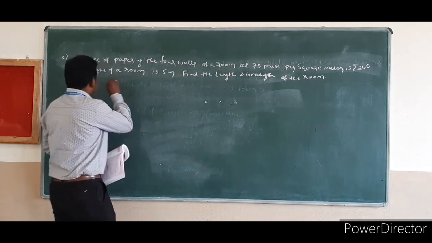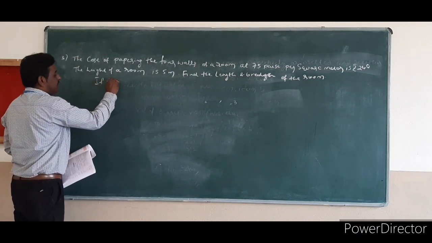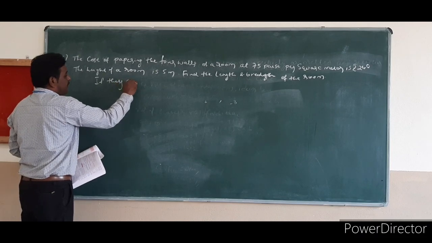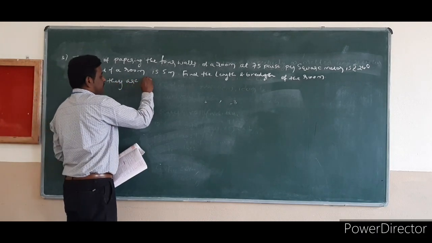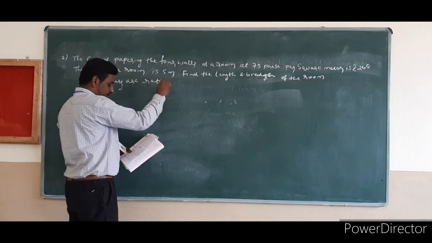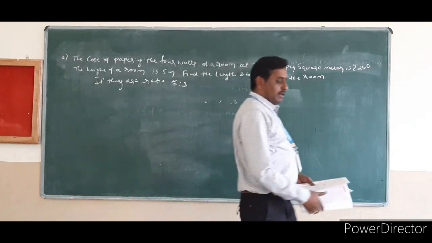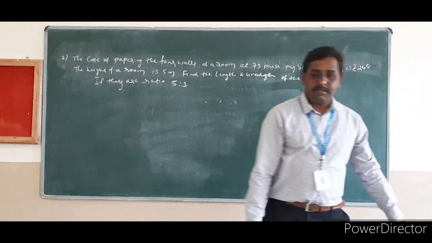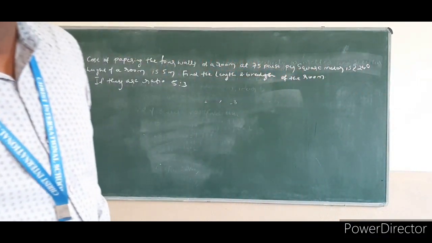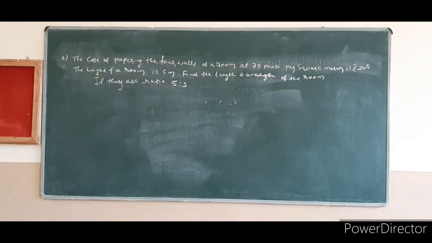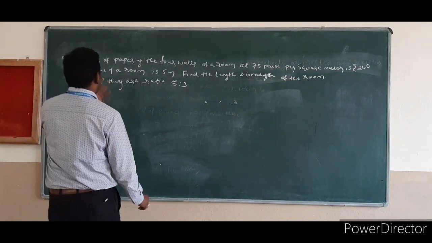The length and breadth ratio is given as 5:3. Here they are given the papering, meaning papering of the four walls of the room.